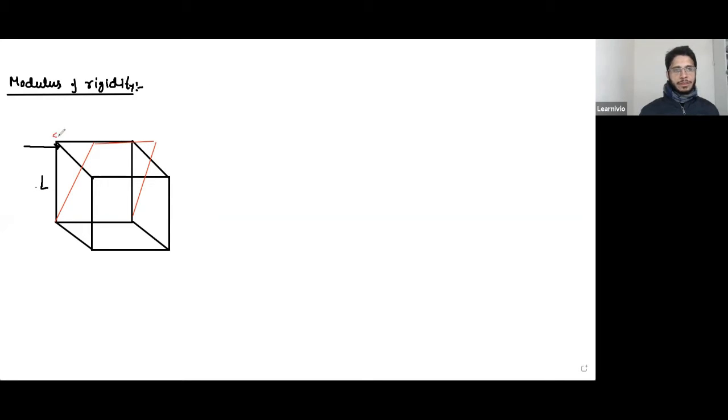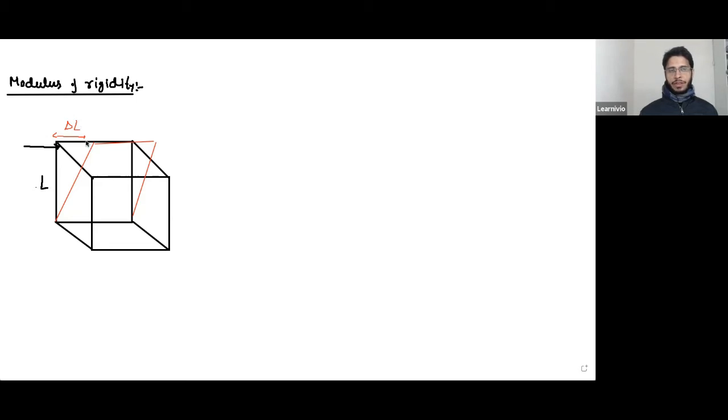This is basically the shift in the face. This whole face gets shifted in this direction. This is the shift. I call this shift delta L. So due to this shift, only the shape of the cube is changing. There is no change in the volume. There is no change in the length. There's only a shift of delta L.